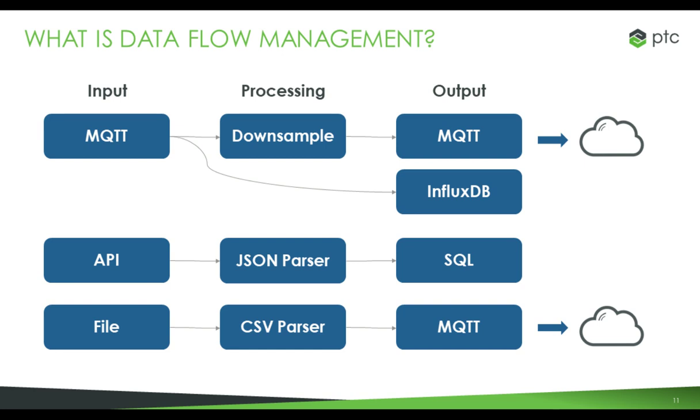But then potentially maybe you want to have a record of all the data at rest that you want to query. So you send all of that data at the full resolution to a time series database. Here I've got InfluxDB, which is just an example of a time series database, but it could be whatever historian you're interested in using.